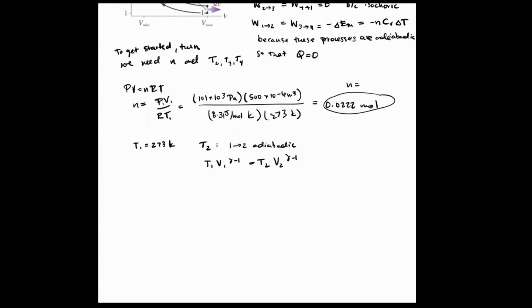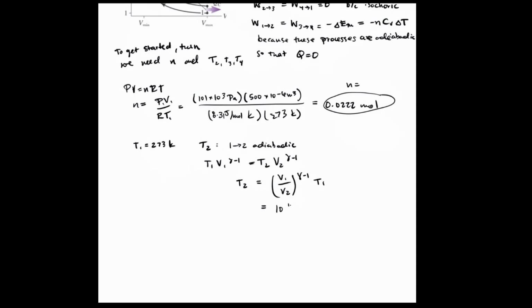Going through PV equals nRT and then also our adiabatic relationship, you end up with this gamma thing, and then all we really care about for gamma is if we have a monatomic, diatomic, or polyatomic gas, okay? It's really PV to the gamma, and so when we plug it into PV equals nRT, we end up with this minus 1 that has to do with just the algebra that it takes to get there. And you can go through the book, they have this derivation in there. But now we just have this ratio to get temperature 2.